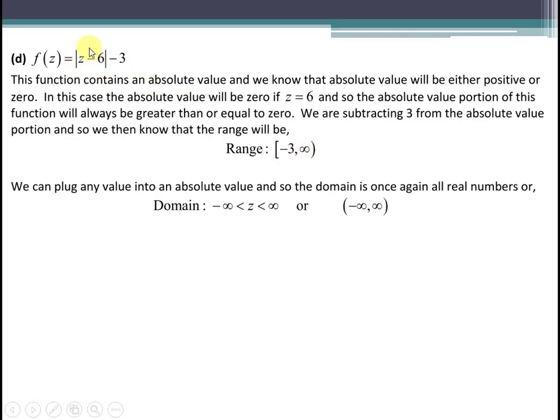The least value of f of z is minus 3. The domain is all real numbers, from minus infinity till plus infinity.